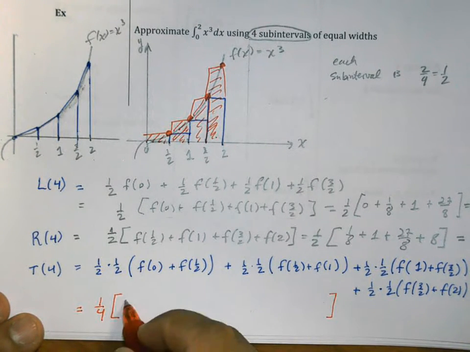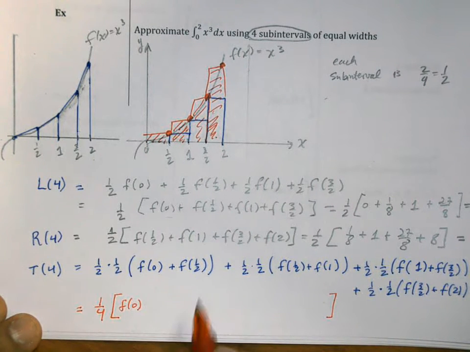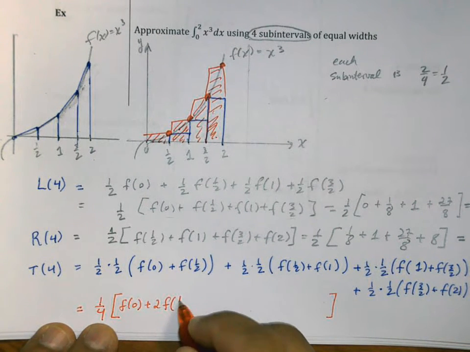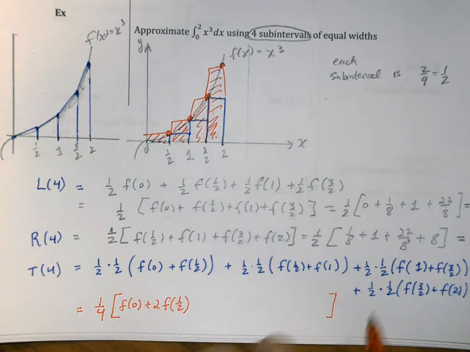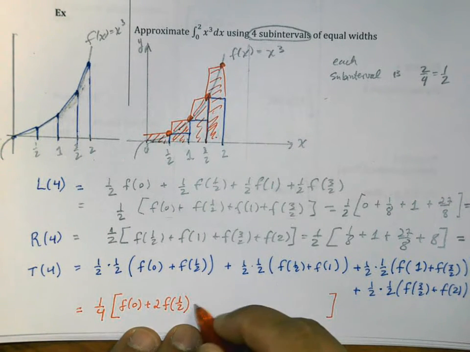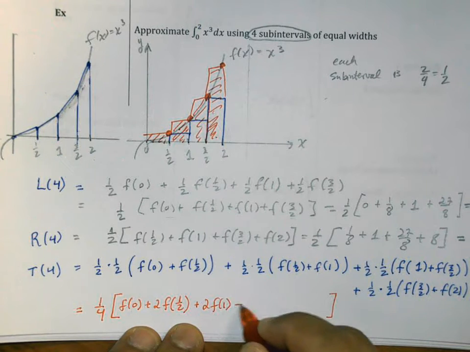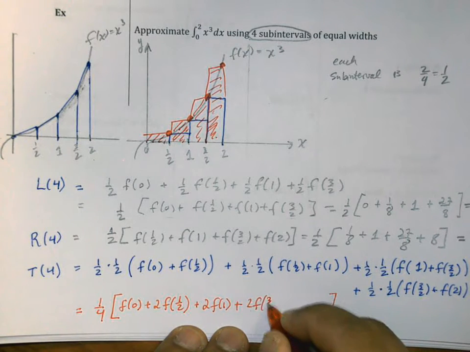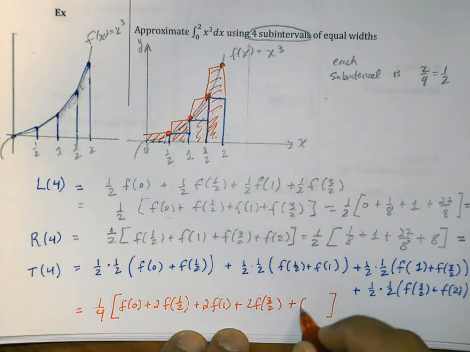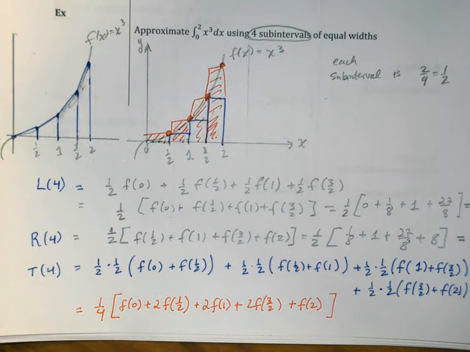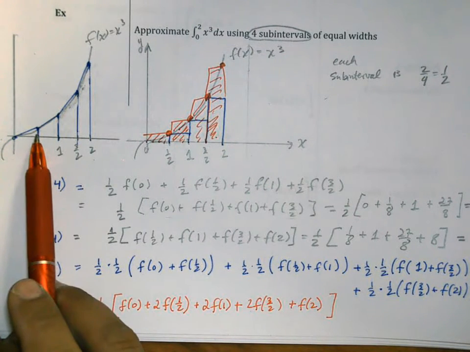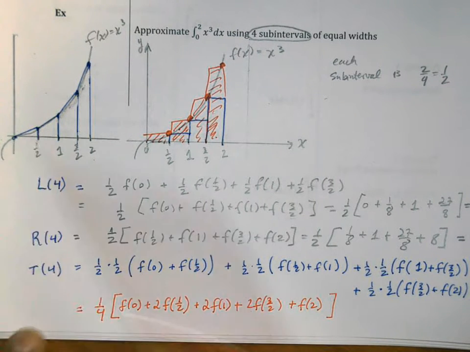And then you can see here that I have a f of 0, 2 f of 1/2, 2 f of 1, 2 f of 3/2, and 1 f of 2. And this is the way it's always going to be with the trapezoidal sum, just because you're reusing this base here twice, once for the first trapezoid and once for the second trapezoid.